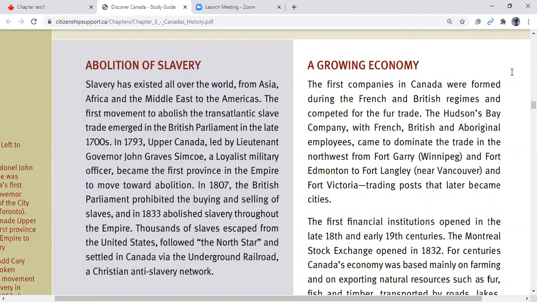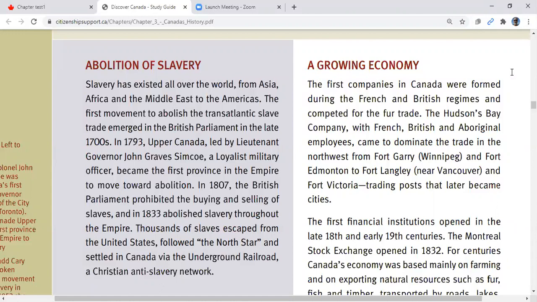So sometimes the French controlled everything, and sometimes the British controlled everything. So that's what it means, the French and British regimes, when the French and the British controlled Canada. And then the fur trade was what they were getting their money from. That was the most important thing to the economy, beavers.